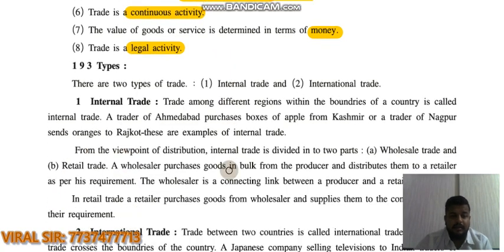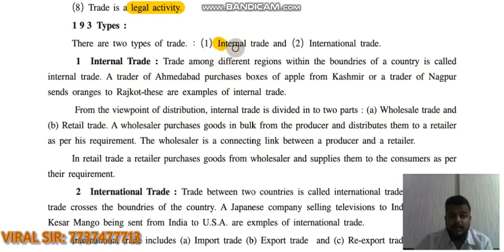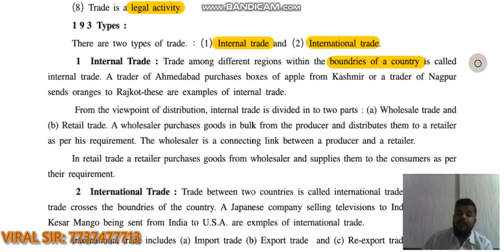Next, types. There are two types: internal trade and international trade. As the name suggests, it is very easy to understand. Internal trade, trade among the different regions within the boundaries of a country, is called internal trade. So any trade done within India or within the territories of the country is known as internal trade.